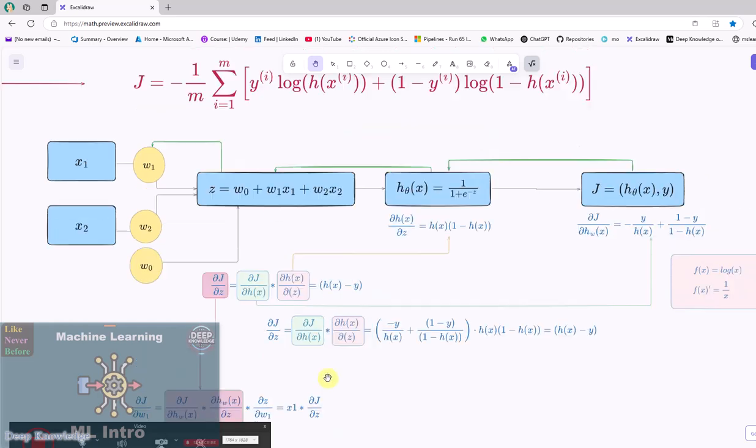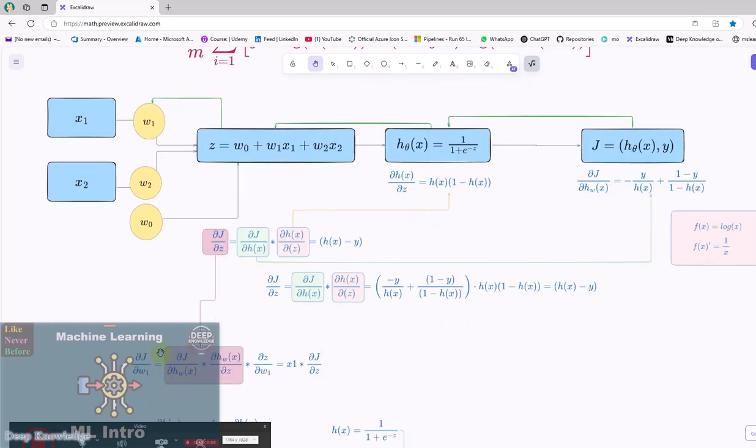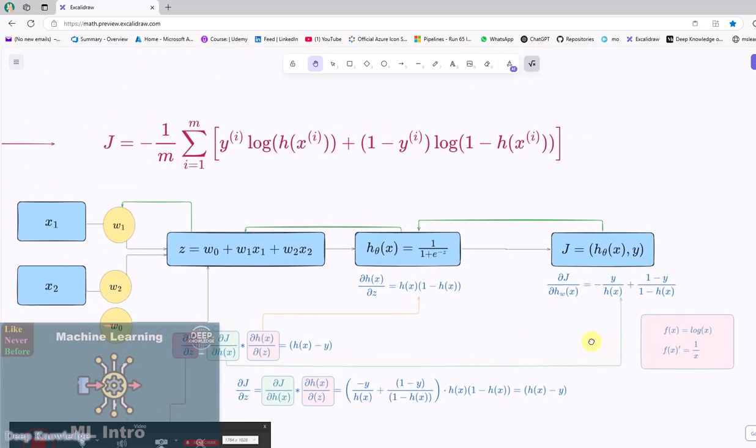Okay, so let's just start with the first term here. The cost function, I mean g, with respect to h0, the sigmoid function.